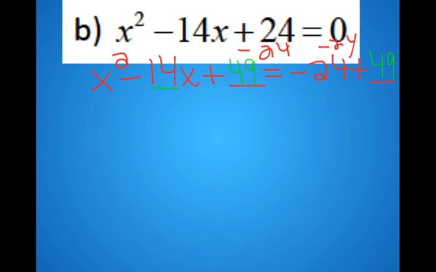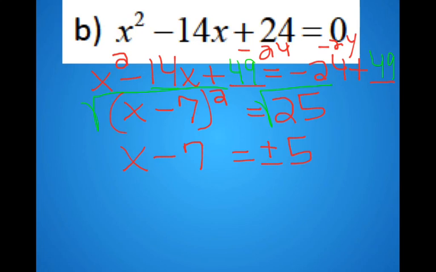That creates a perfect square trinomial on the left, so this will factor nicely. It'll be x minus whatever the square root of 49 is, which is 7, and that's squared. And negative 24 plus 49 is 25, and then I'm going to take the square root of both sides. So that undoes the squared, so that leaves you with x minus 7, and on the right that's plus and minus 5.